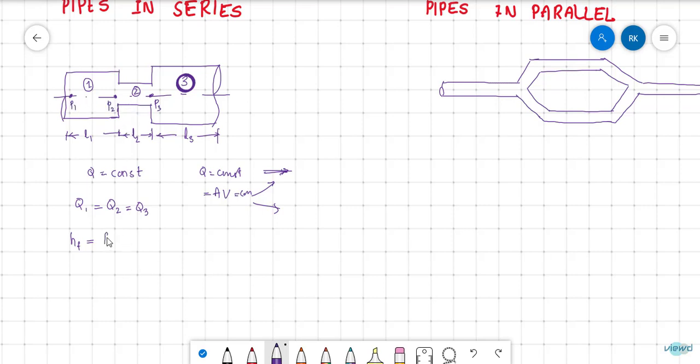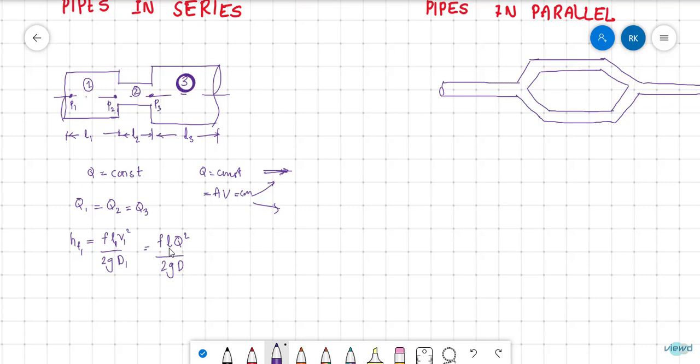So HF is equal to FLV square by 2GD. Here, for the first pipe, HF1 will be FL1 V1 square by 2G D1. This can also be written as FLQ square by 2GD.